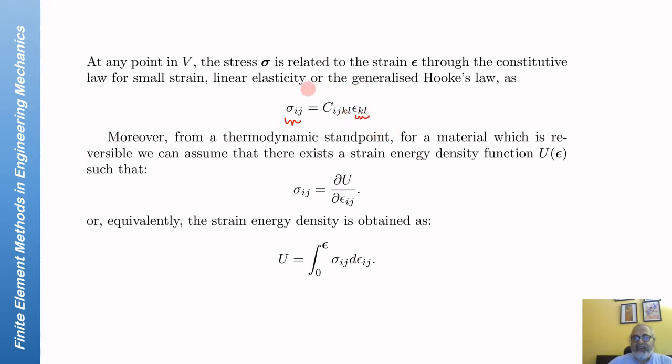And this can take many forms depending on the material, but we will concentrate in this course on linear elasticity, and we will assume that stress strain laws follow what is known as the generalized Hooke's law, which requires that we know these stiffnesses Cij, which is a fourth order tensor, and these are just numbers that may vary from point to point, but that are not dependent on the strains themselves.